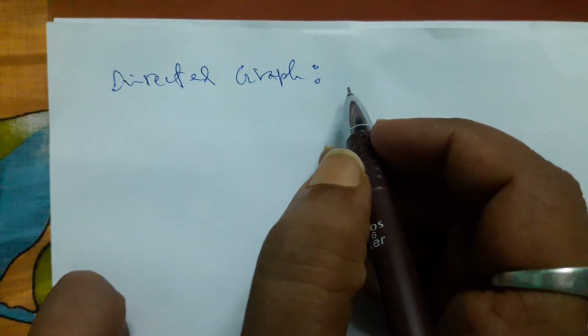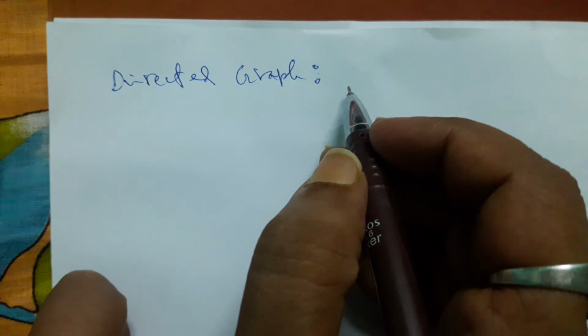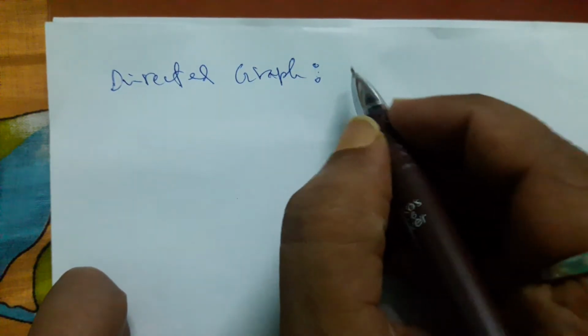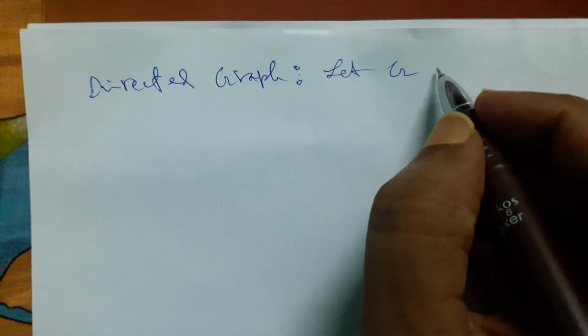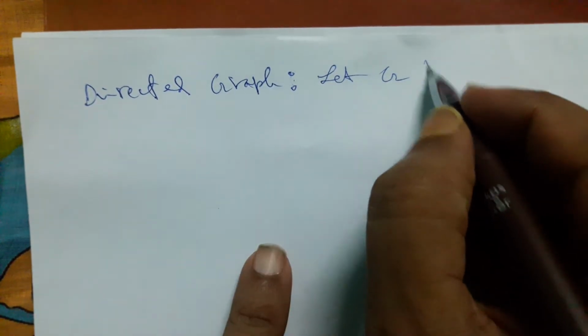At first, by the definition of a directed graph, let G be a graph.